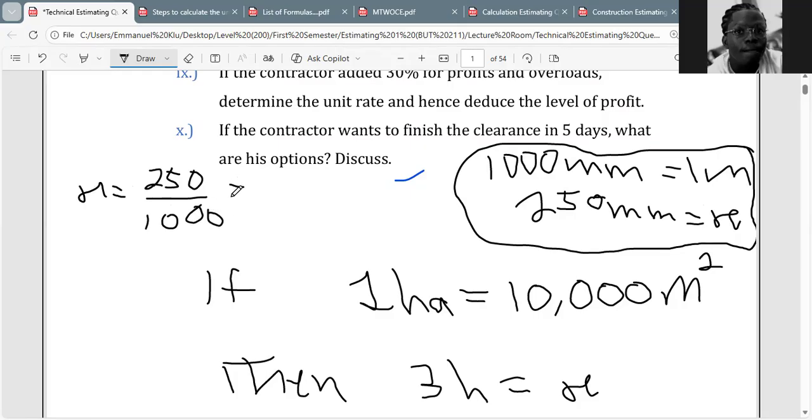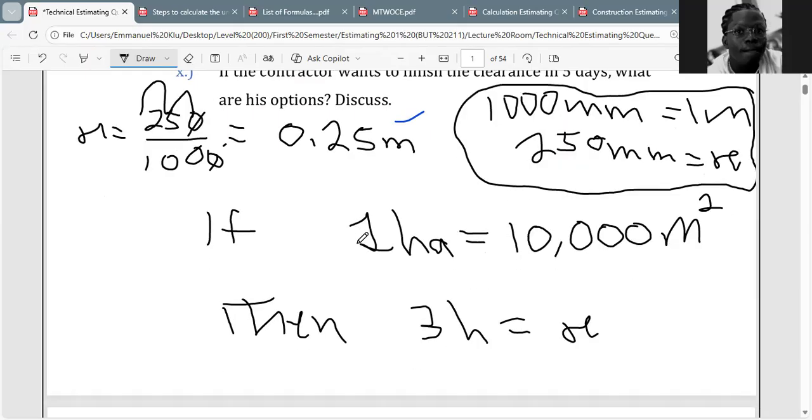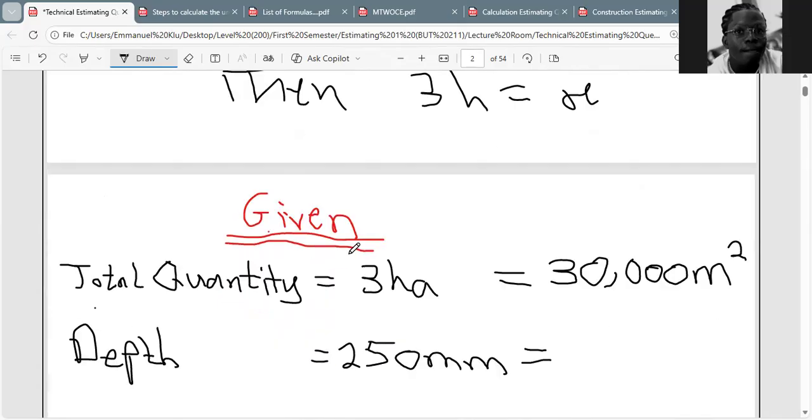So if you do this at the end of the day, zero cancels zero, and then these two zeros are going to go in this order. So you're now going to be left with 0.25 meter. So that is the depth of excavation after our conversion.